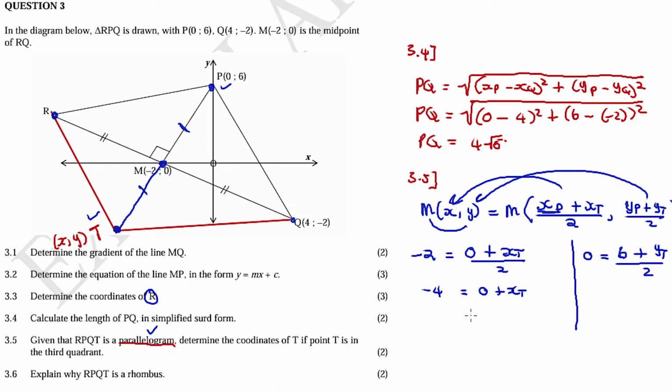Therefore xt equals -4. Cross multiply, 0 equal to 6 plus yt, then yt will be equal to -6. Then our coordinates of T are now -4 and -6.